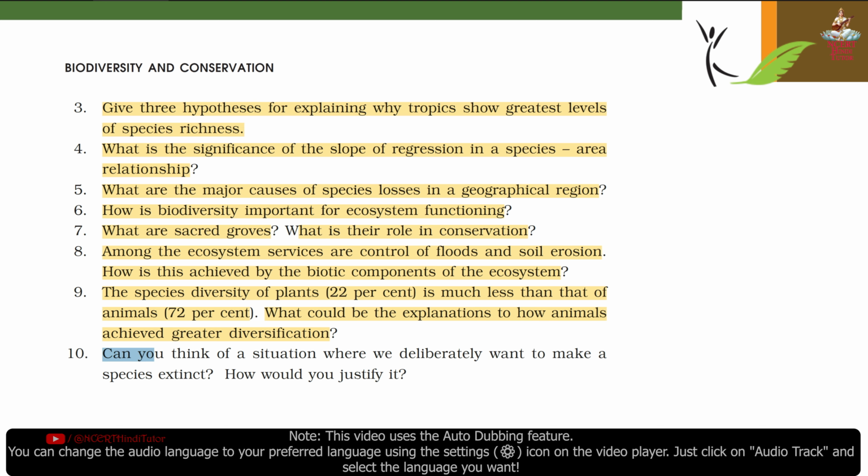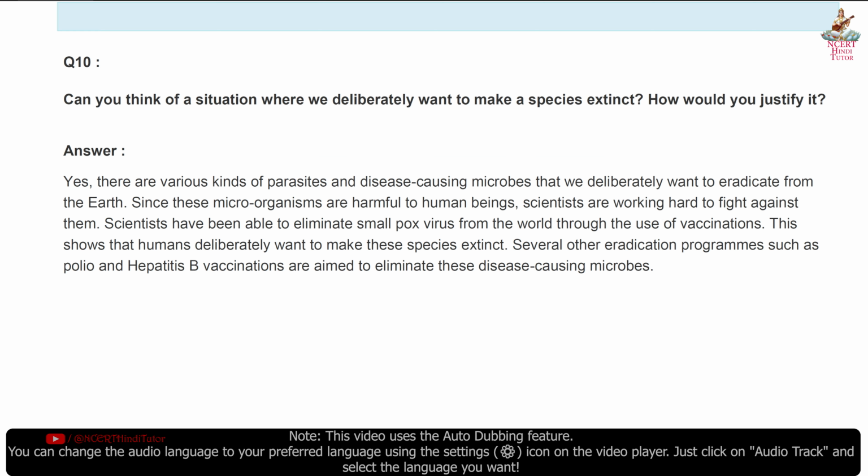Question 10. Can you think of a situation where we deliberately want to make a species extinct? How would you justify it? Answer. Yes, there are various kinds of parasites and disease causing microbes that we deliberately want to eradicate from the earth. Since these microorganisms are harmful to human beings, scientists are working hard to fight against them.